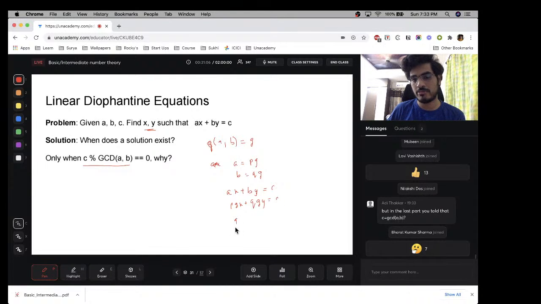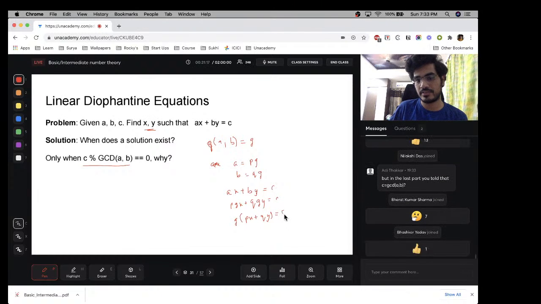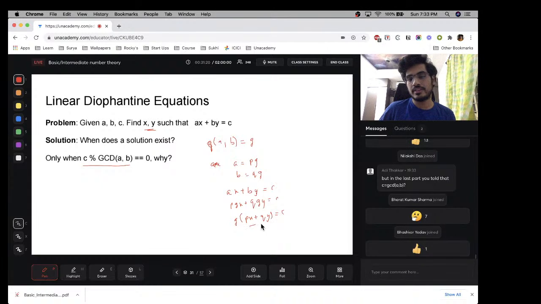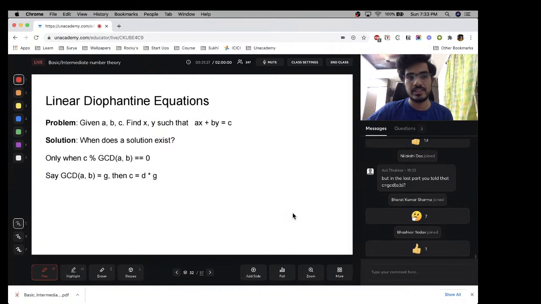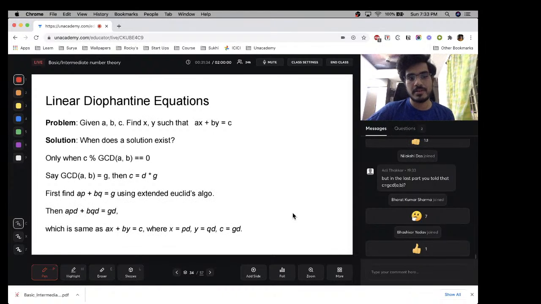Then we take g common outside, g into (px plus qy) equal to c. Right? So g is a factor of c. What I just wrote, just writing with text here.